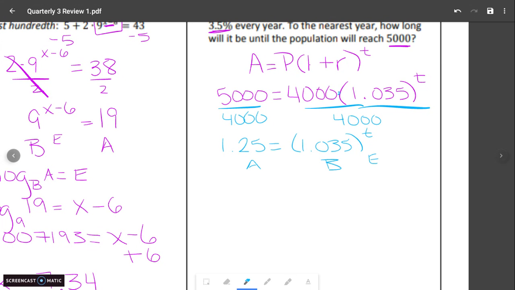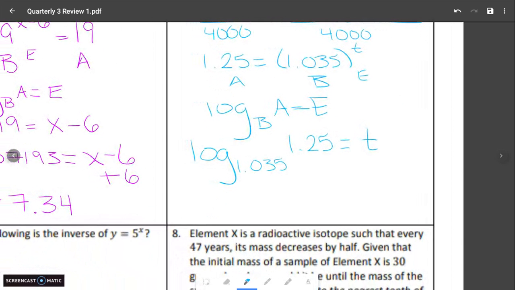means that we're currently dealing with a base, exponent, and answer. So going to log form, we have log base 1.035 of 1.25 equals t. So once again, same thing with your calculator.